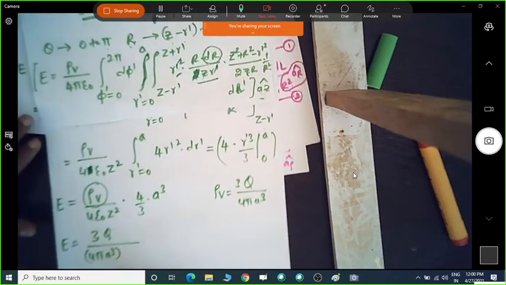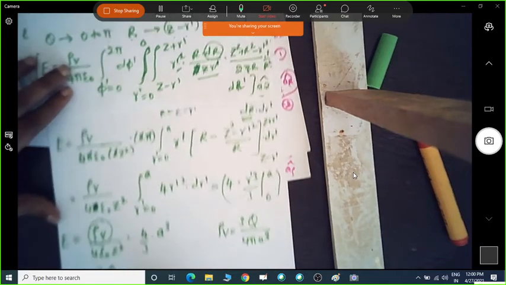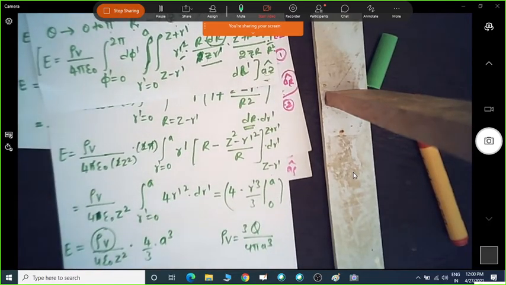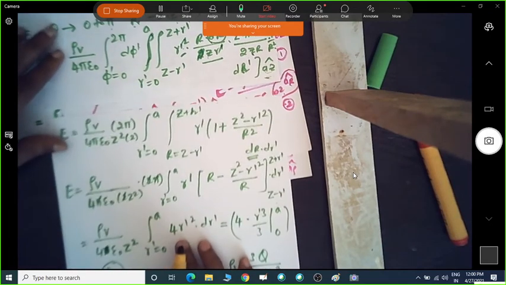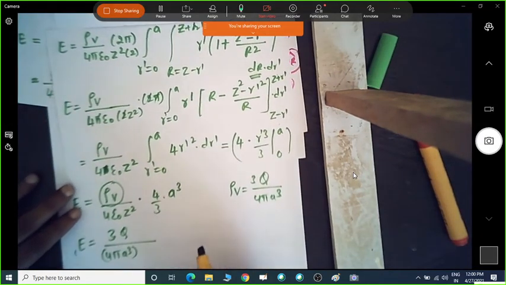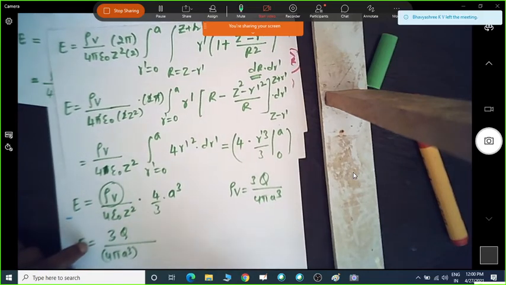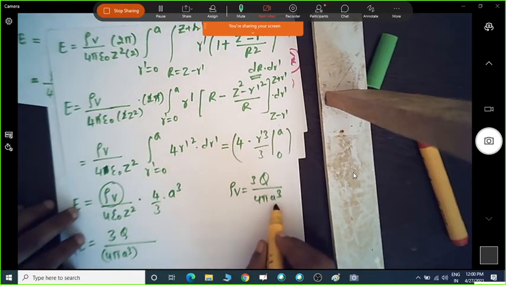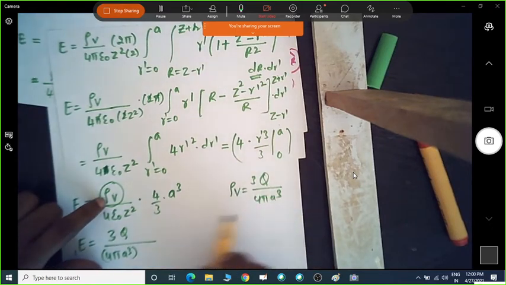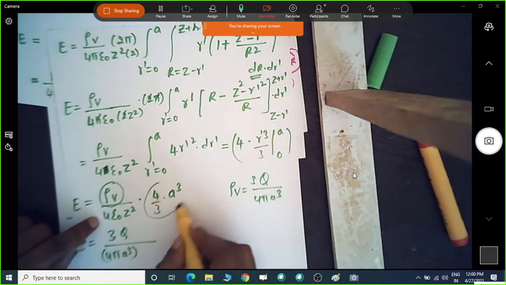Somewhere we have missed something here, where the integral became missed, because it should come 4 pi. You can have 4 by 3 pi a cube. This integral is giving this much.